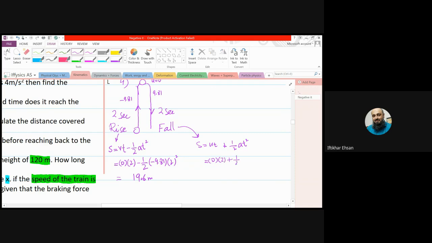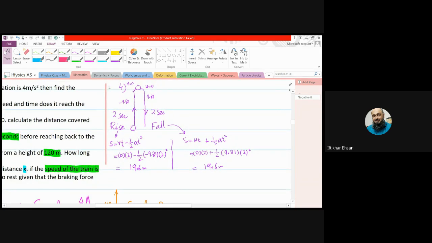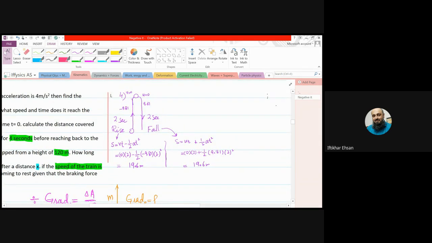During fall, the acceleration is positive and time again 2 seconds. Again, the answer will be same. You have to do any one of those, not both of them, right? Clear? Done, beta ji?